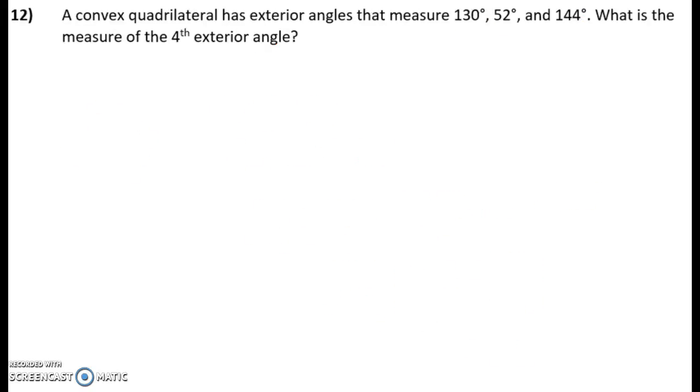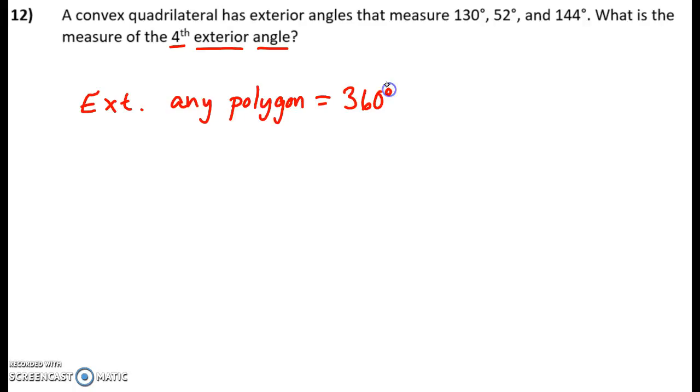In problem number 12, here we have a convex quadrilateral that has exterior angles that measure 130 degrees, 52 degrees, and 144 degrees. What is the measure of the 4th exterior angle? Remember, when we talk about exterior angles, the sum of all of the exterior angles in any polygon is a total of 360 degrees.